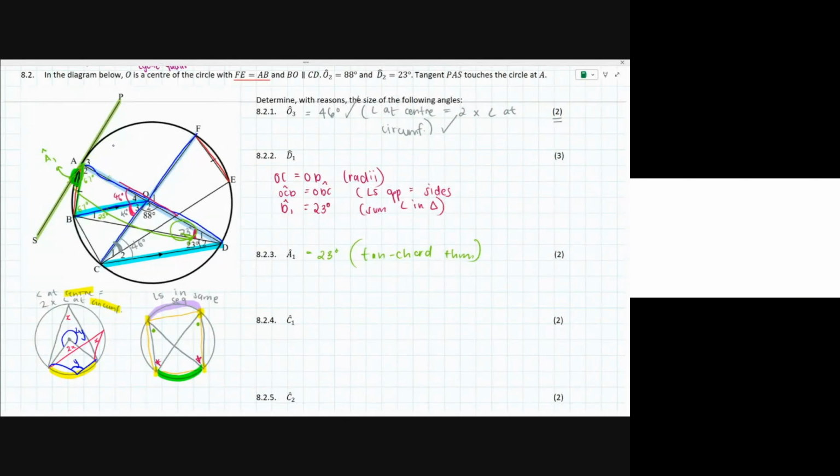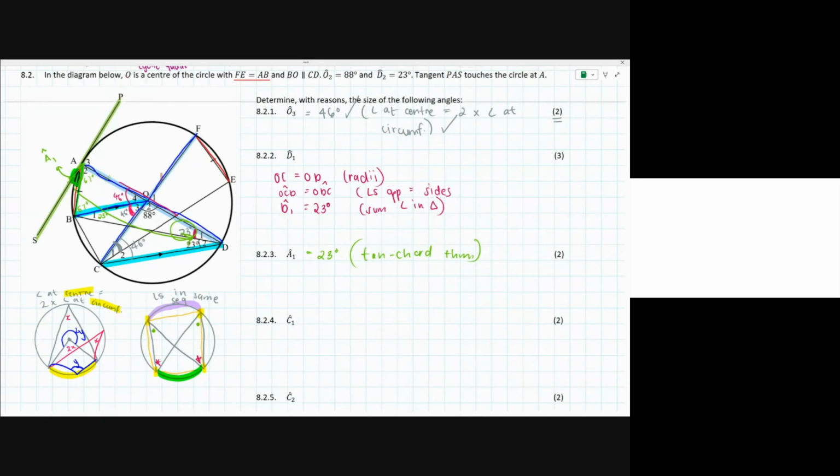When you have equal chords, so FE is equal to AB, the angles that they create at the circumference, in this case, D1 and C1, are equal to each other. So because we know D1 is equal to 23, we automatically know that C1 is equal to 23.